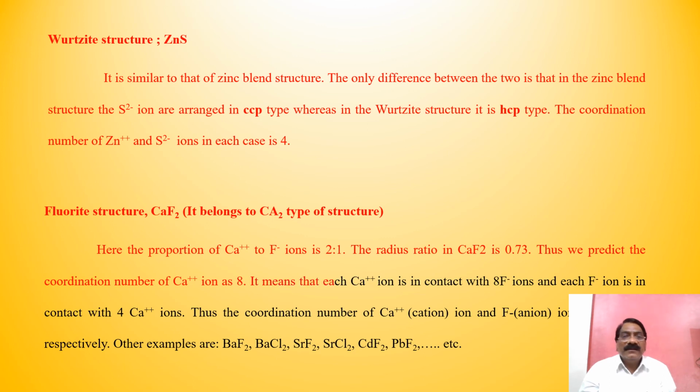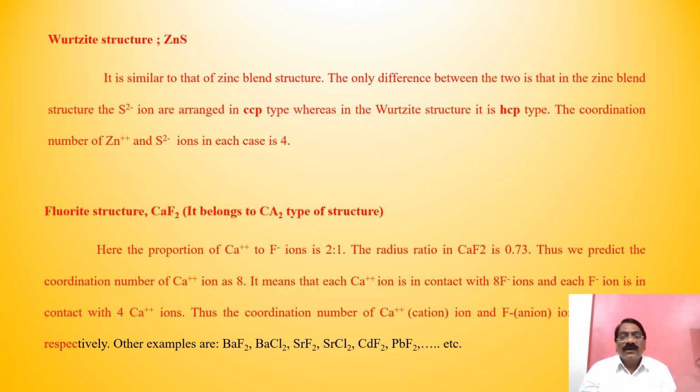Thus, we predict the coordination number of Ca ion is 8. It means that each Ca2+ ion is in contact with 8 F- ions, and each F- ion is in contact with 4 Ca2+ ions.